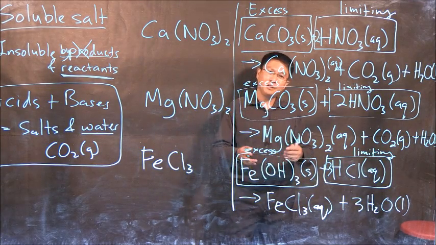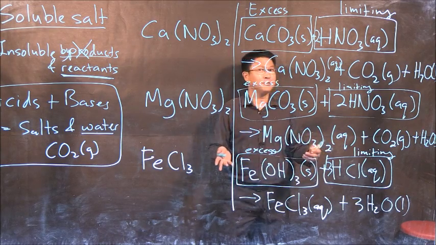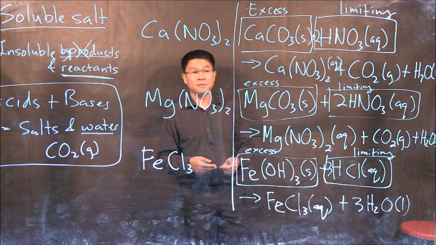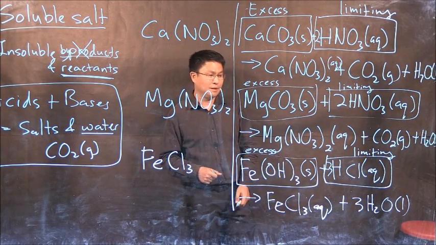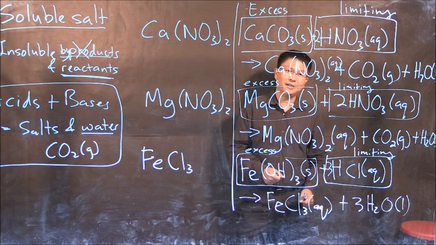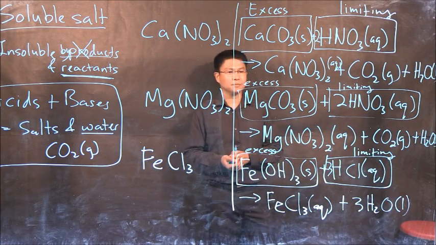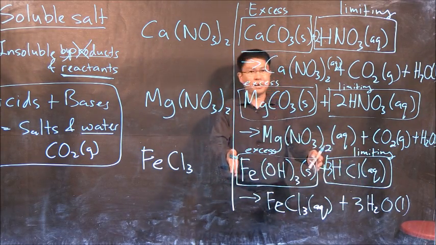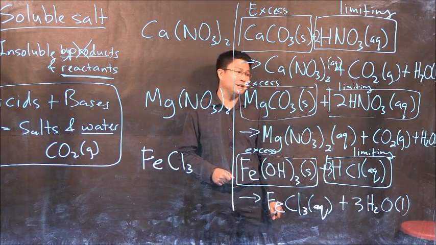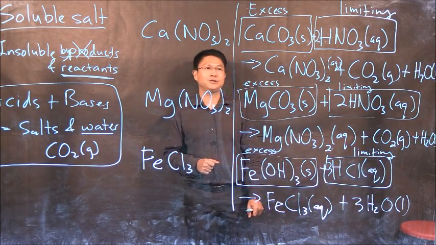Well, if you still see some iron 3 hydroxide solid after shaking for a considerable amount of time, you should know that it's in excess. Then we shall get the iron 3 chloride product which we want. So the steps are to add them together, react them, filter away the excess iron 3 hydroxide, and then evaporate the solution to get the iron 3 chloride.